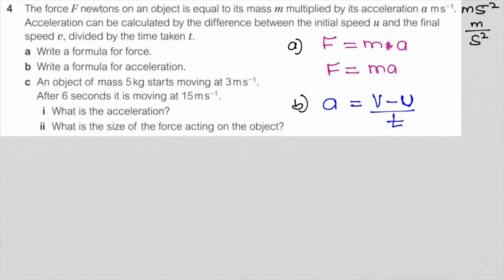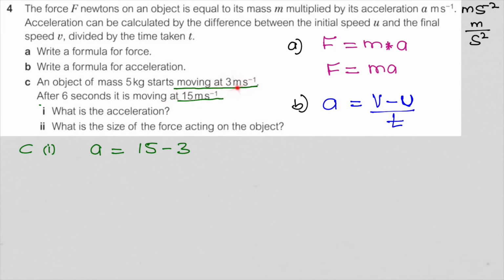So C, part 1, is a equals v, the final velocity, minus u, the initial velocity. The initial velocity was 3 meters per second, and the final velocity was 15. So that will be 15 minus 3.